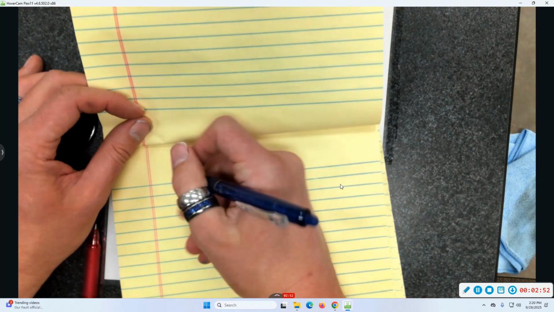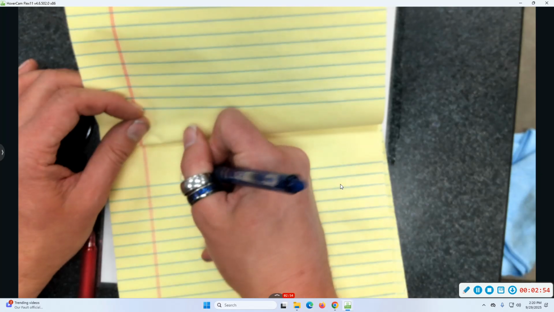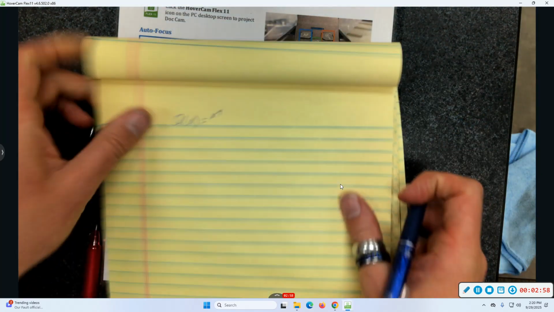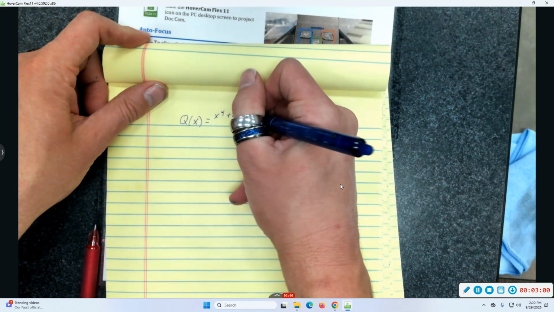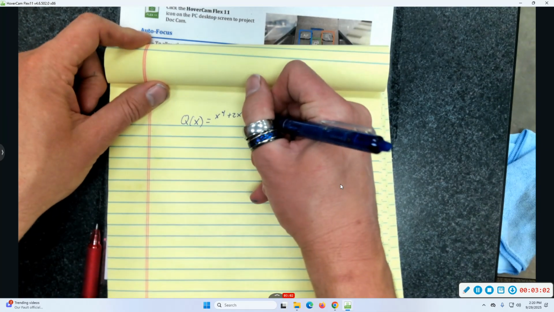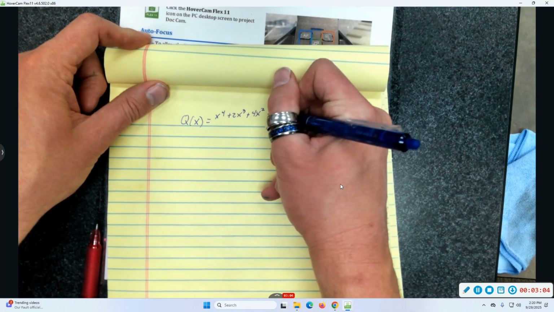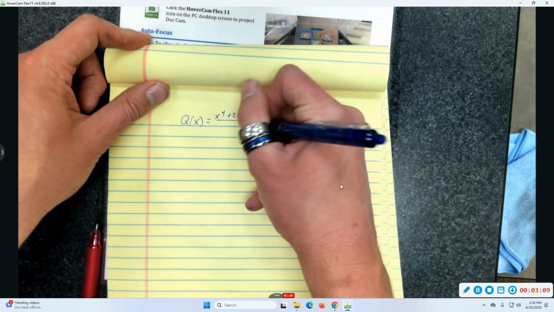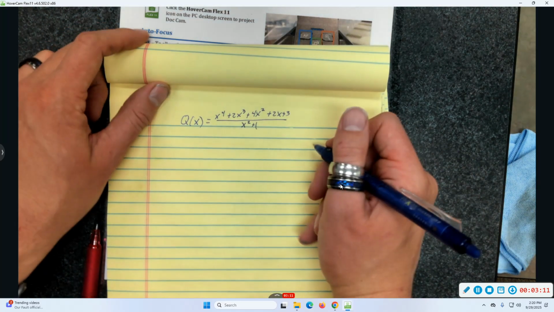Let's see. I'm going to write down the quotient I want to compute. I want to compute q of x equals x to the 4th plus 2x cubed plus 4x squared plus 2x plus 3 all over x squared plus 1.